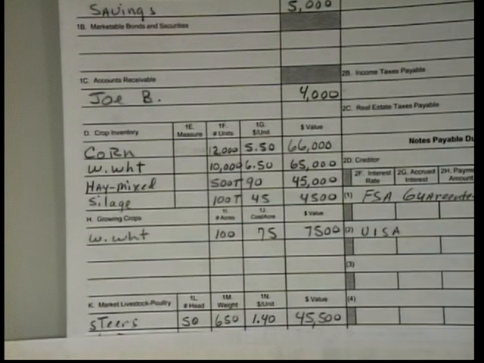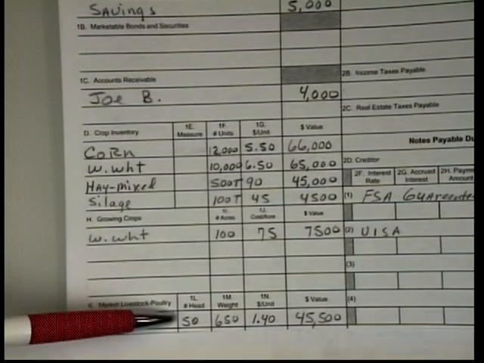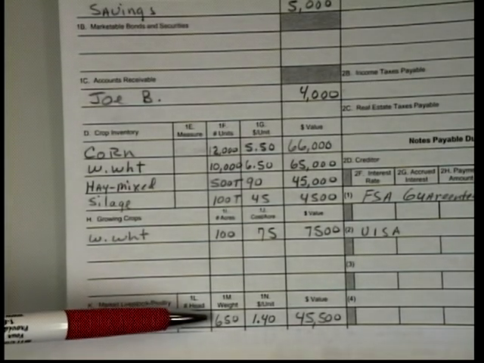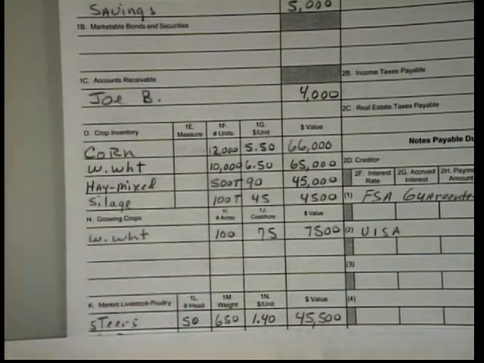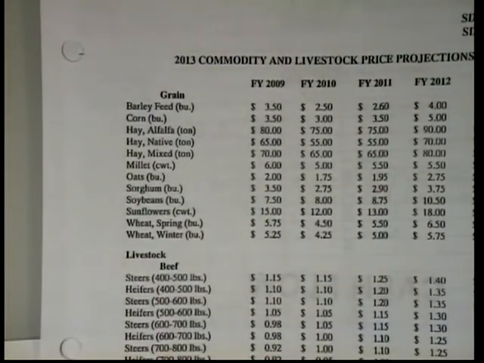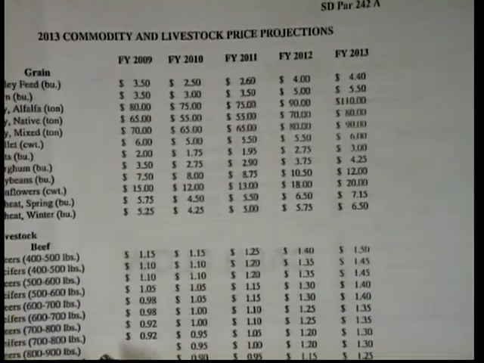Now, I've also got some livestock here. Some steers. I got 50 head of those. On January 1, I estimate that they weigh 650 pounds each. And on our price sheet, and you got to watch these prices, my friends. Steers, 650.